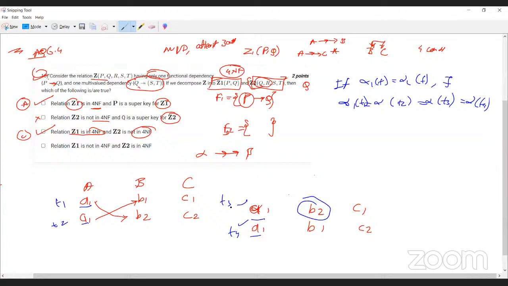You can check any condition, right? Like T3 beta must be equal to T1 beta. Sorry, T2 beta must be equal to T3 beta, and T1 beta must be equal to T4 beta, right?